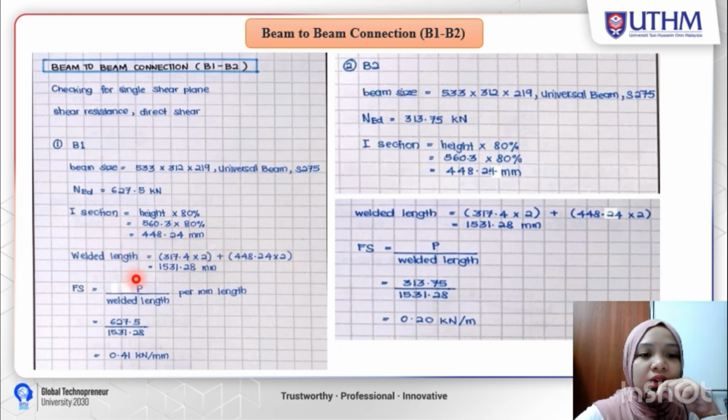And the welded length would be 1531.28 millimeter. As for the factor of safety that we will get from this beam 1, it would be 0.41 kN per millimeter. And for beam 2, the factor of safety that we will get is 0.20 kN per millimeter.